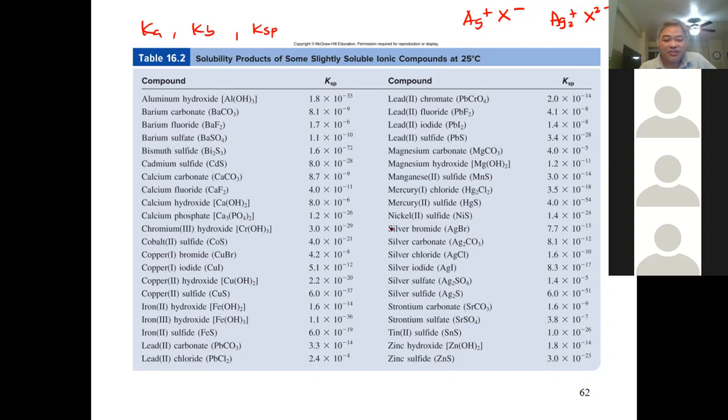So what if I ask you, among silver bromide, silver chloride, silver iodide, which is the most insoluble and which is the most soluble? Anyone?